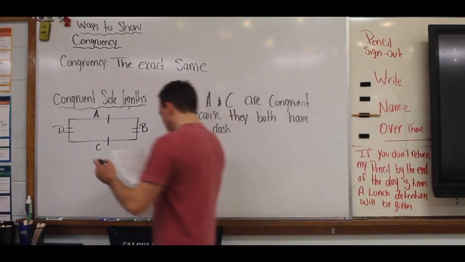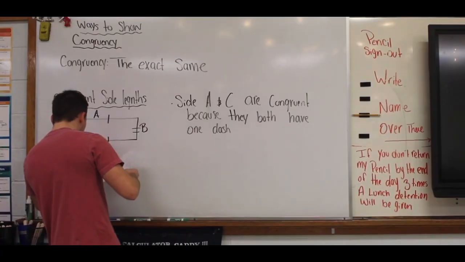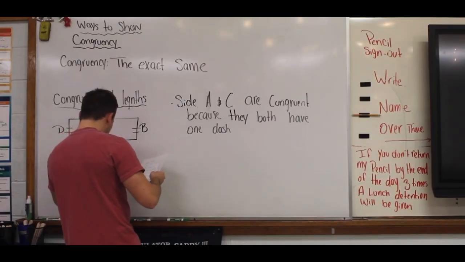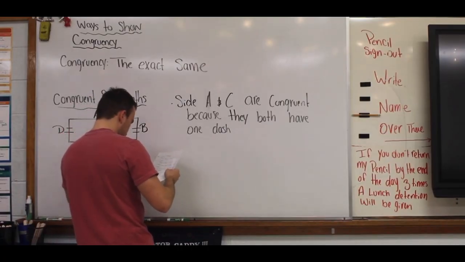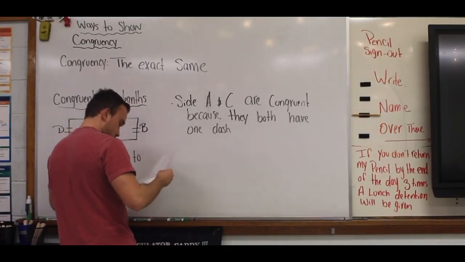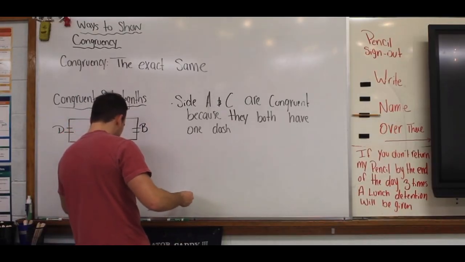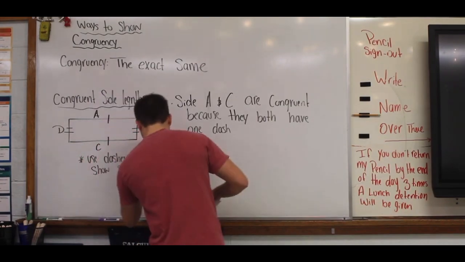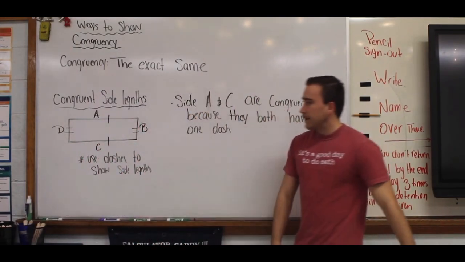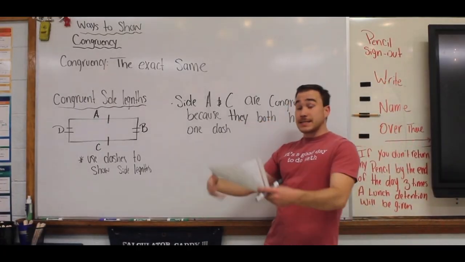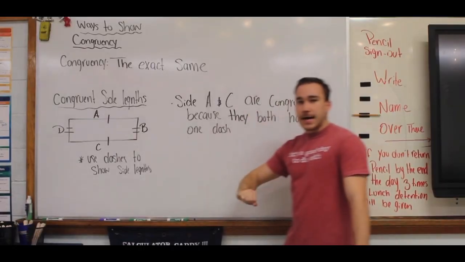Over here, I want to say use dash marks or hashes, either one works. Use dashes to show side lengths. So, sides A and C are both congruent. They're the exact same because they both have one dash.